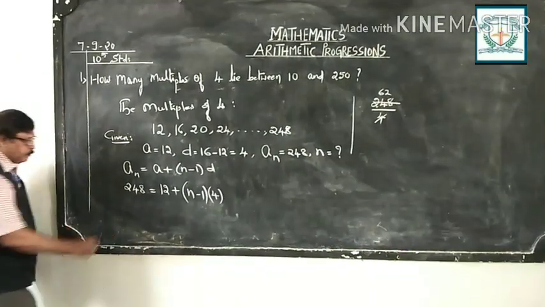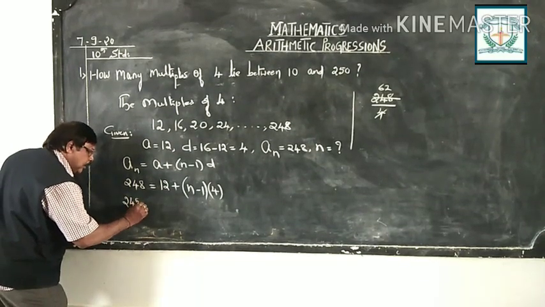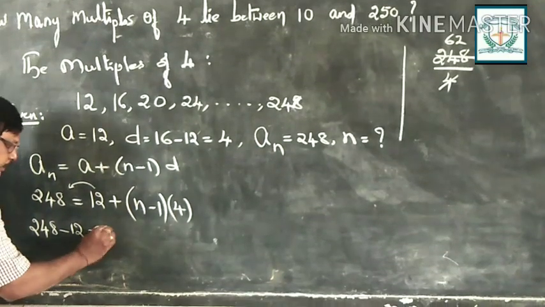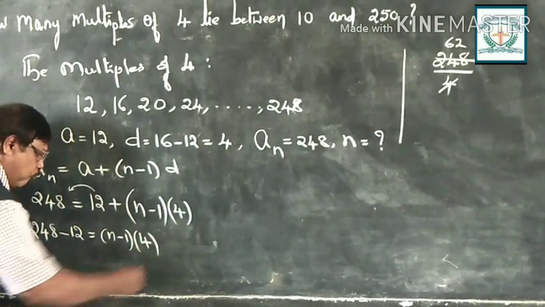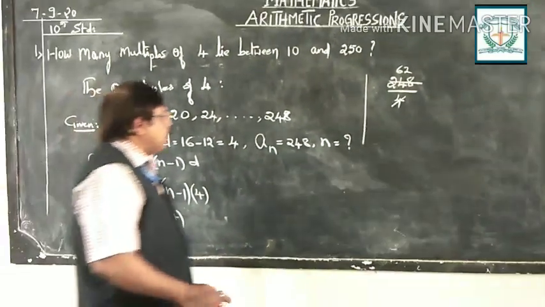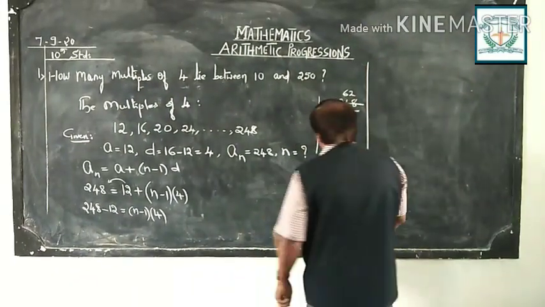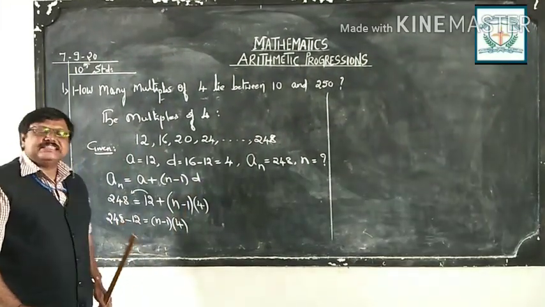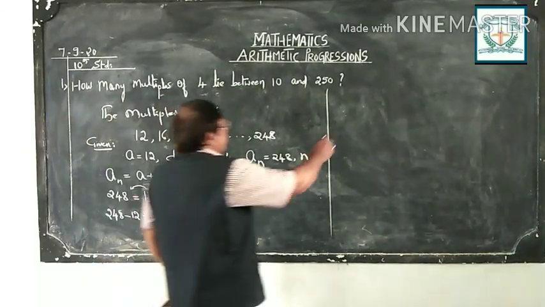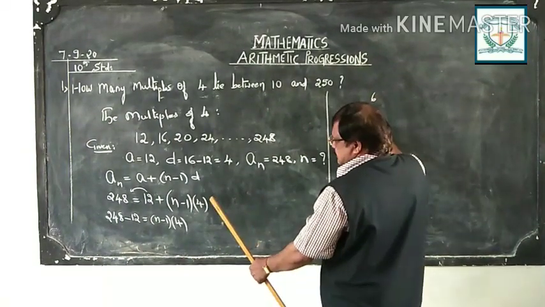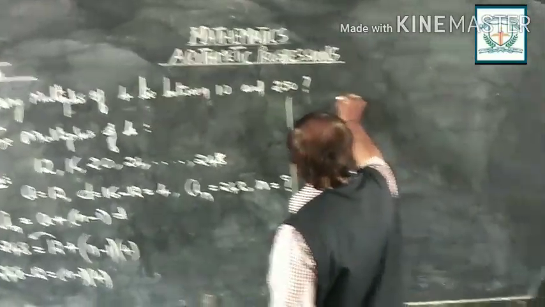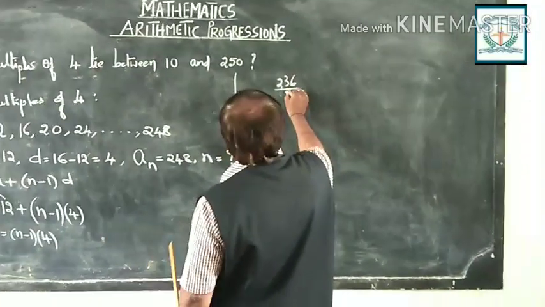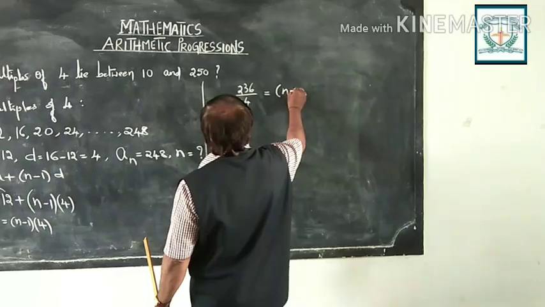Multiples of 4: 248 minus 12 is equal to n minus 1 into 4. 248 minus 12, it is nothing but 236, divided by 4 is equal to n minus 1.